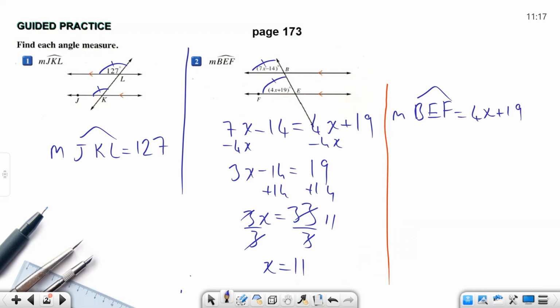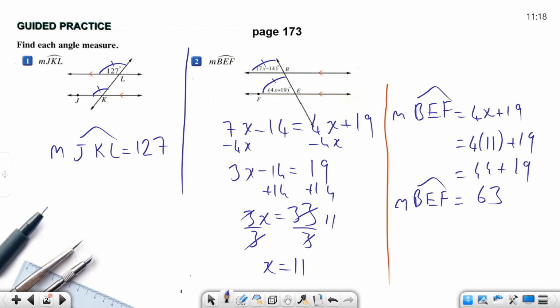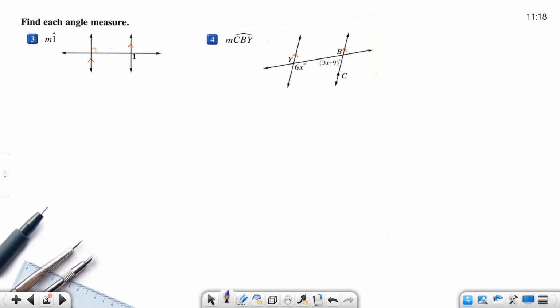So what's the measure of angle BEF? It's 4x plus 19. The x is 11, so I can say 4 times 11 plus 19. So 44 plus 19 is 63. So the measure of angle BEF is equal to 63. Okay, let's continue.